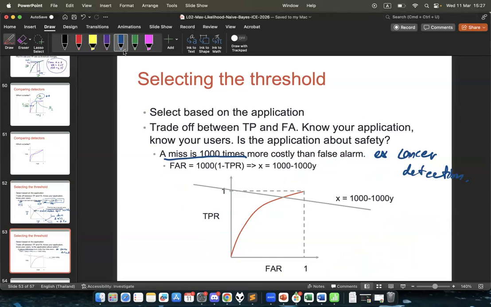Then we want the false alarm rate to be 1,000 times the miss rate, which is this line here, and this is where we select the threshold.